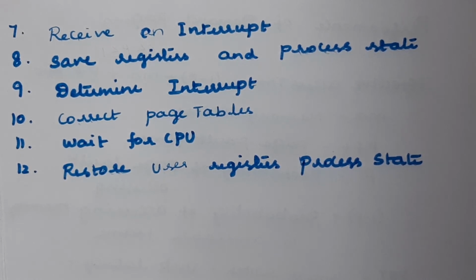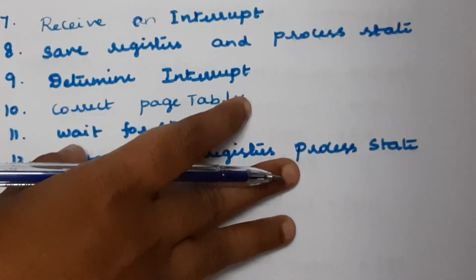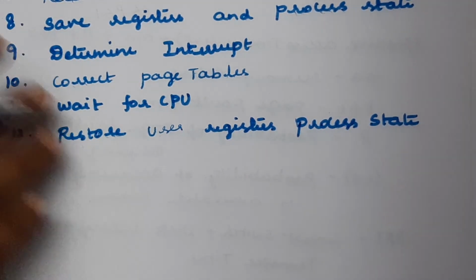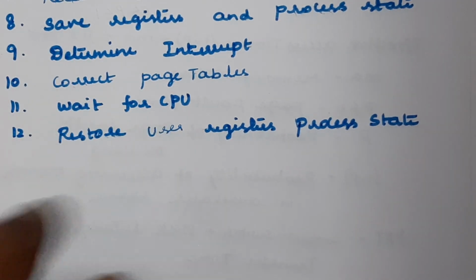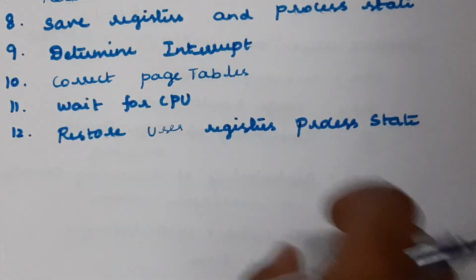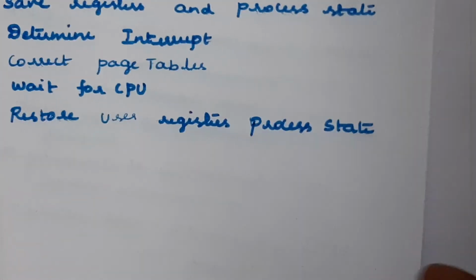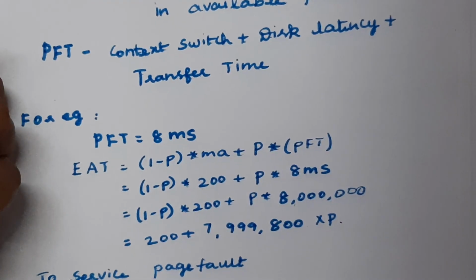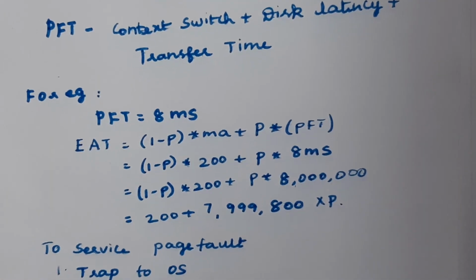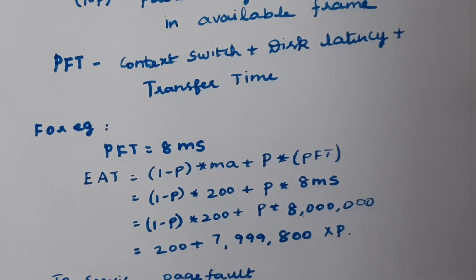So these are all the steps to be followed whenever you get a page fault in the system. But among these 12 steps, only 3 steps are treated as much more important, which are: service the page fault interrupt, read in the page, and the next one is restart the process. So you need to concentrate on these 3 steps.